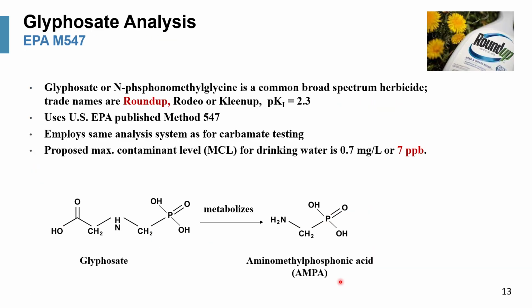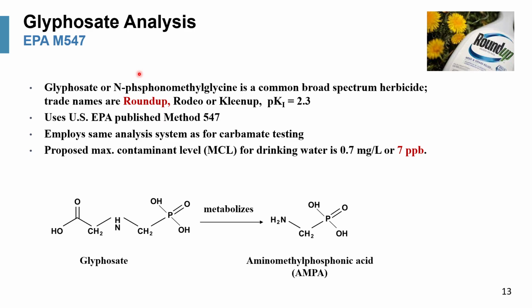Now, glyphosate is another of these chemicals which became a big hoopla. Glyphosate, the trademark is Roundup by Monsanto. Actually, the lawsuits became so time-consuming that they bankrupted Monsanto, which was then acquired by Bayer.